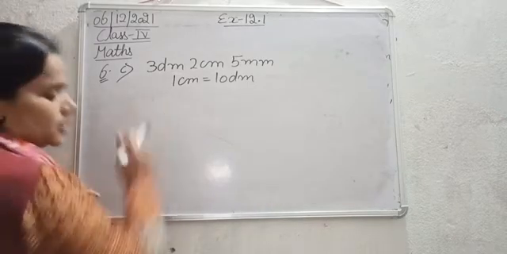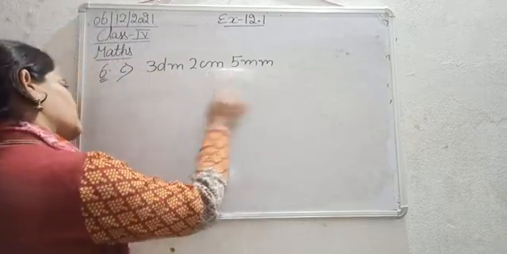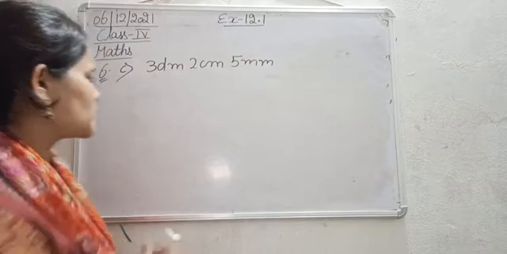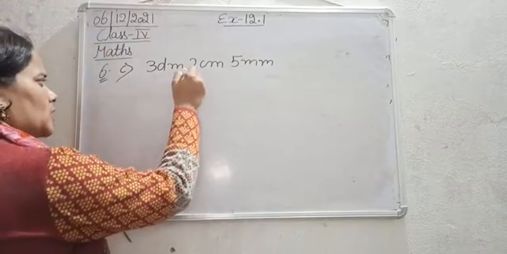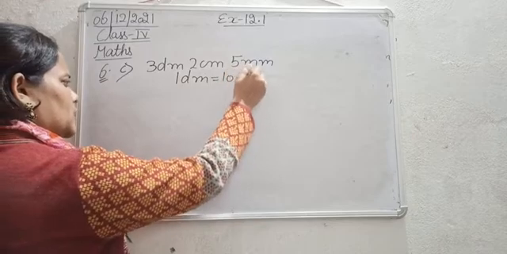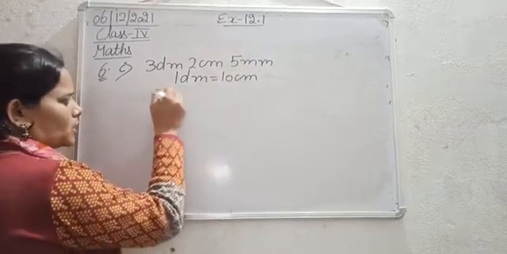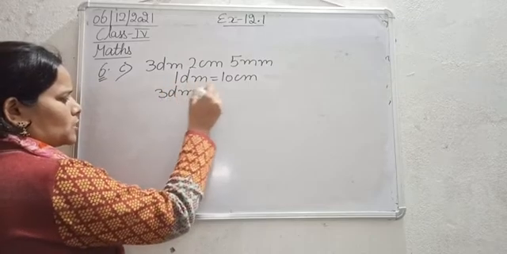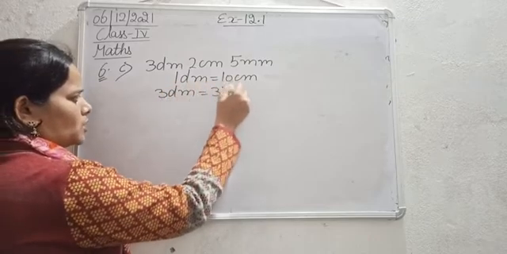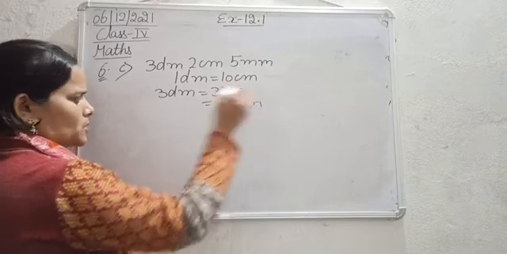Sorry, 1 decimeter is equal to 10 centimeter. Okay, so 3 decimeter is equal to 3 into 10, that is 30 centimeter.